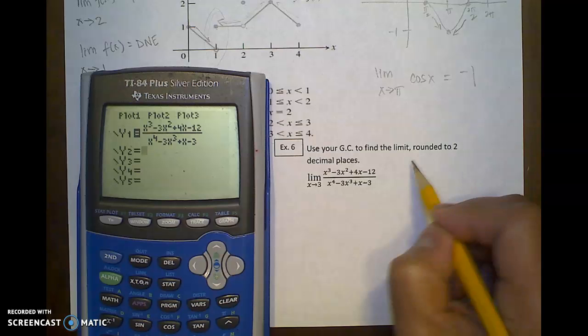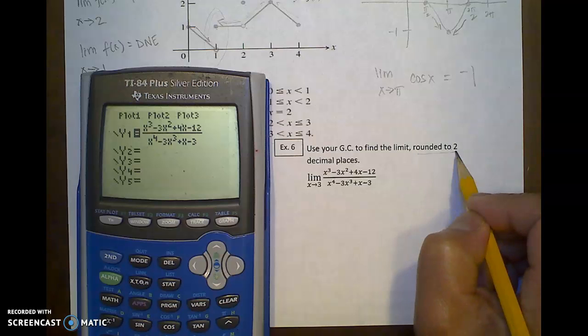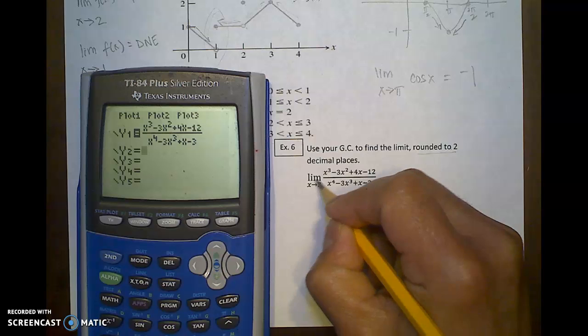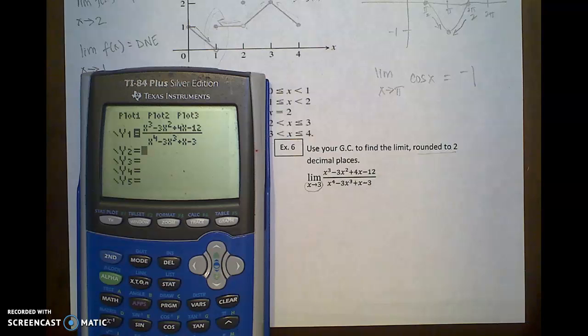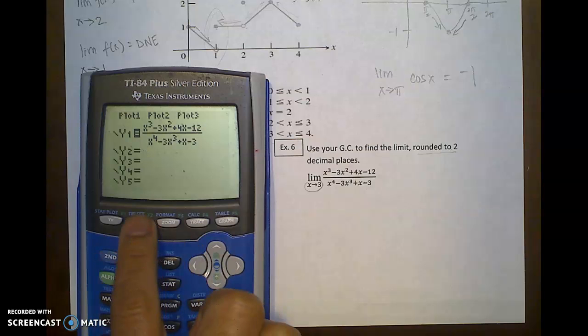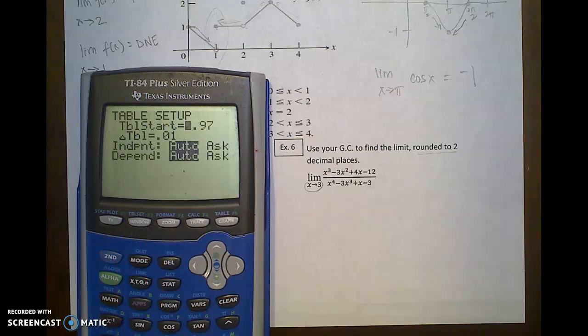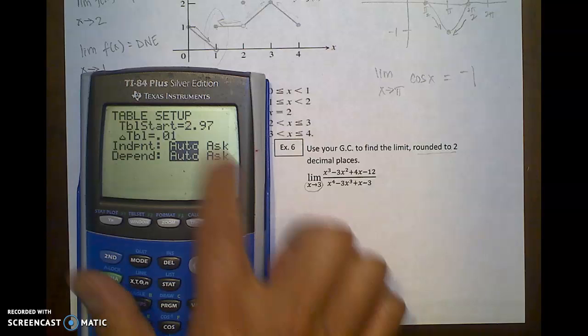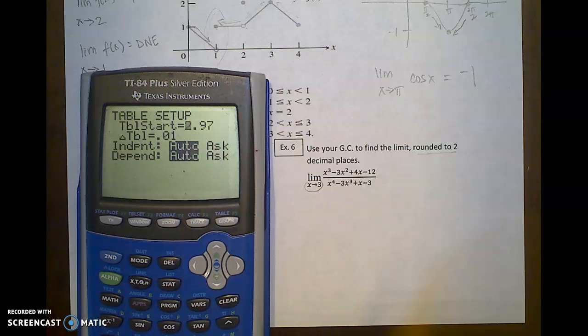Alright, so because we want to round our answer to 2 decimal places, and we want our limit for this function as x approaches 3, we're going to press second table set to get to this screen. We're going to start with our value of 2.97.